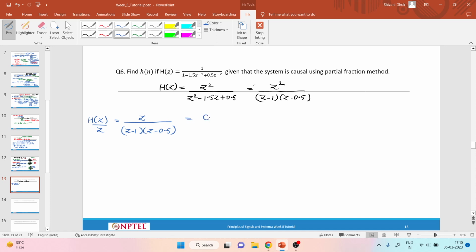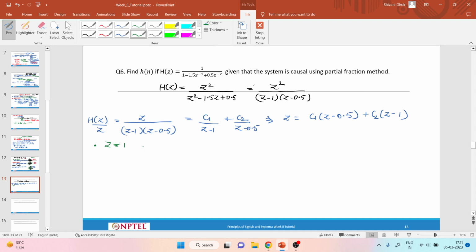So this I can write as c1 upon z minus 1 plus c2 upon z minus 0.5, which implies z equal to c1 into z minus 0.5 plus c2 into z minus 1. Now, in order to find c1, let us substitute z equal to 1.